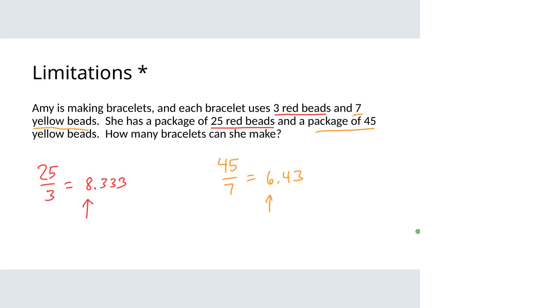The key here is the smaller is our limiting factor. So while it's true that she has enough red beads to make 8 bracelets, she only has enough yellow beads to make 6. So the number of bracelets she can make is 6 because the yellow beads are her limiting factor here. So she can only make 6 bracelets.